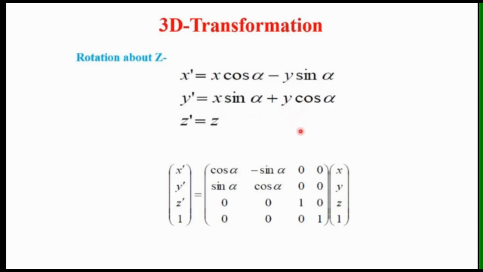So the final position x dash, y dash, z dash is equal to the matrix cos alpha, minus sin alpha, 0, 0, sin alpha, cos alpha, 0, 0, 0, 0, 1, 0, 0, 0, 0, 1. When this transformation matrix is multiplied with the original matrix x, y, z and 1, we get the final position after rotation about the z-axis.